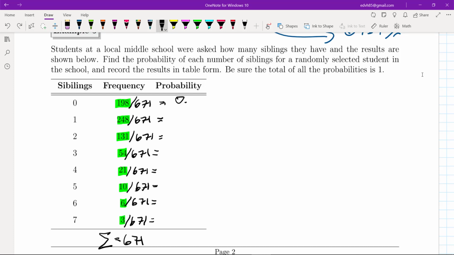It's 0.295. Then 0.370, 0.195, 0.080. 631?